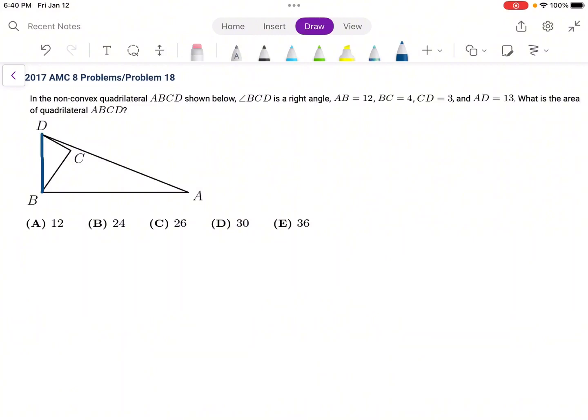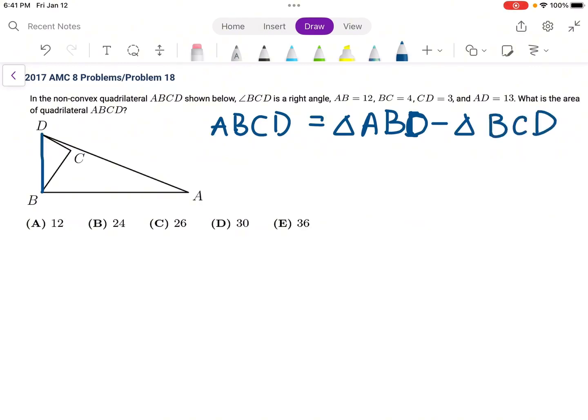Therefore, the area of ABCD equals the area of triangle ABC subtract the area of triangle, it should be ABD here, subtract the area of triangle BCD. And the key here is to identify the relationships between those sides.